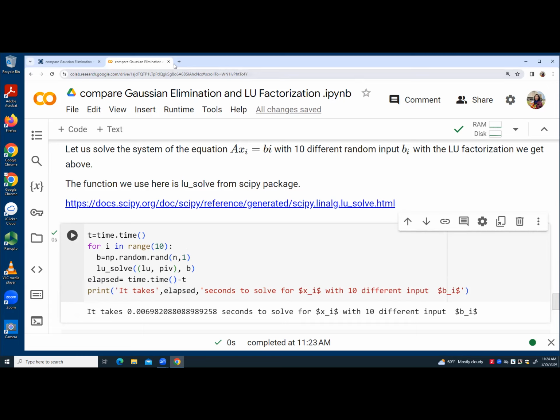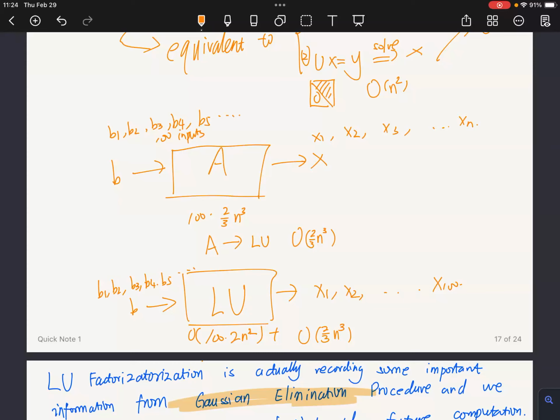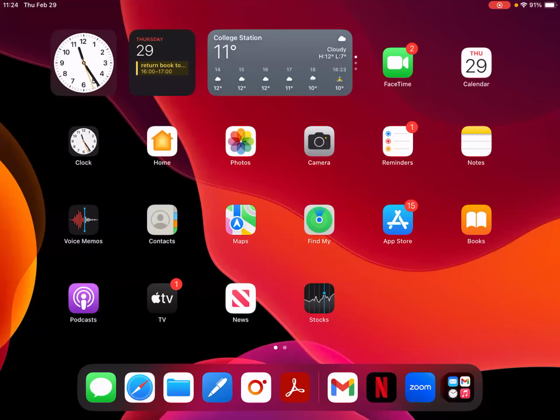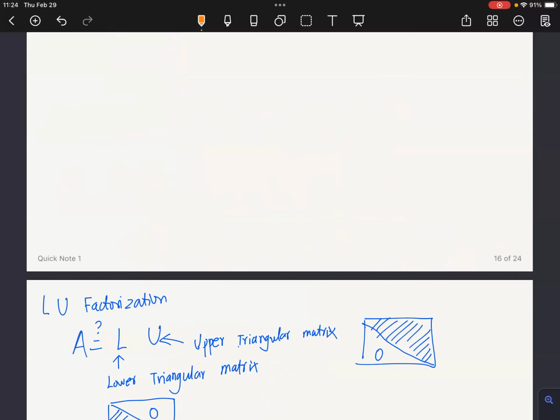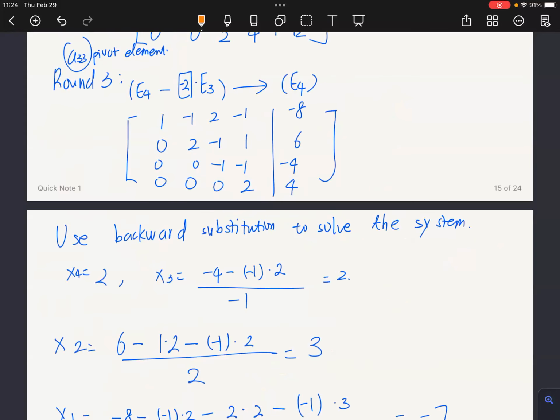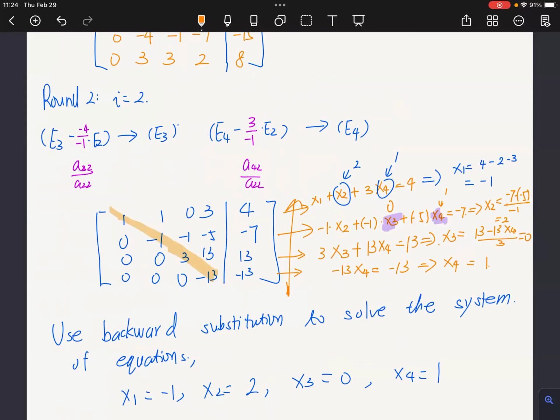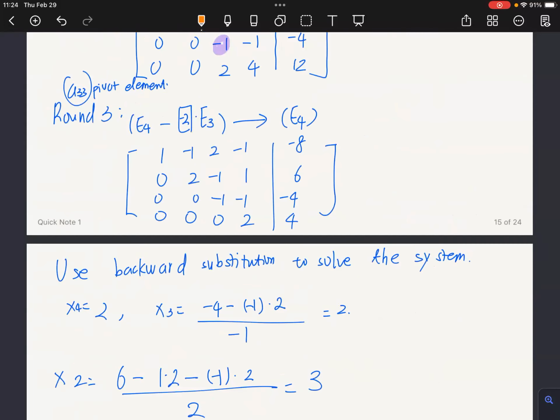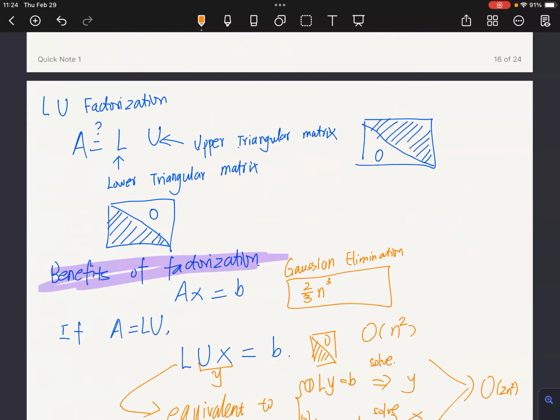Let's go back to the discussion there. At the very beginning we had one question: what kind of matrix can have LU factorizations?